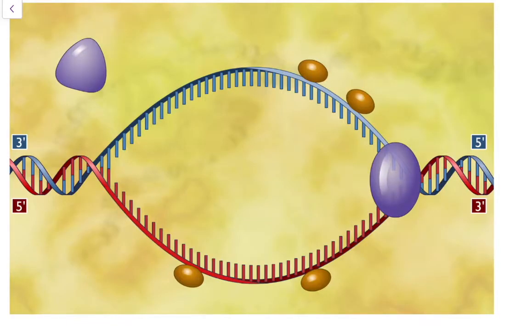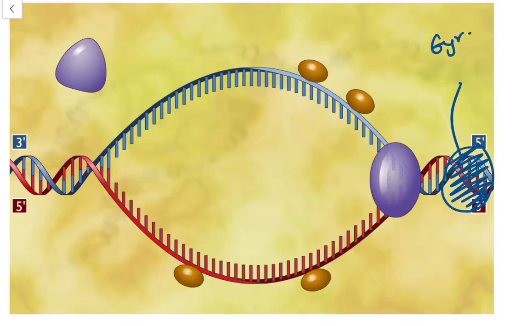So here we have a section of DNA where ahead of it, the protein that we just talked about, gyrase, would be ahead here. And so we don't usually label gyrase on any of these DNA replication diagrams. But we can see that there's something else there. We've got another protein which is unwinding the DNA double helix. It's separated it into two strands.